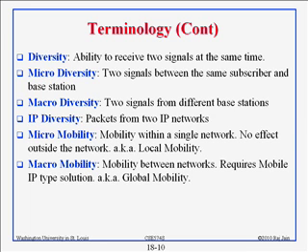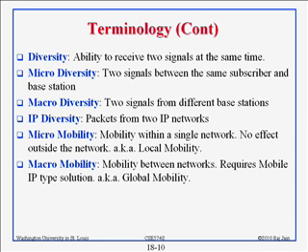Micro-diversity is two signals between the same subscriber and the base station. Macro-diversity is two signals from different base stations. So when you do MIMO, is that micro or macro? Yeah, that is micro. You have two signals between the same base station and the same user. Whereas if you talk to two different towers, that becomes macro.